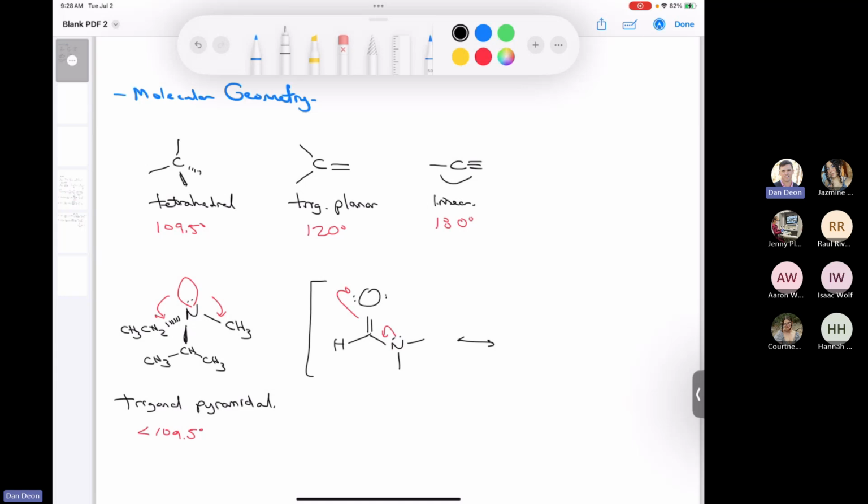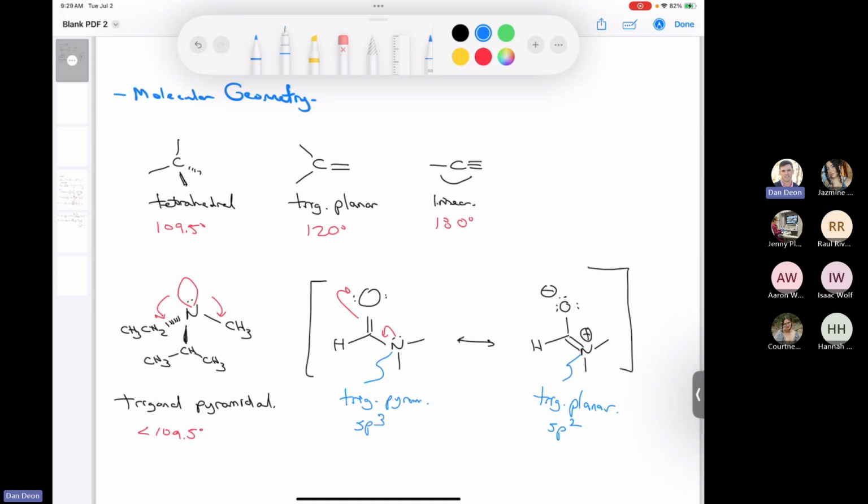Our resonance form looks like this, where we have a double bond to our nitrogen, a negative charge here and a positive charge here. So there you go. Now if you look at both of the nitrogens, the first one looks like it's trigonal pyramidal, but the second one looks like it's trigonal planar, right? Because it looks like this one is sp2 hybridized and this one is sp3 hybridized.